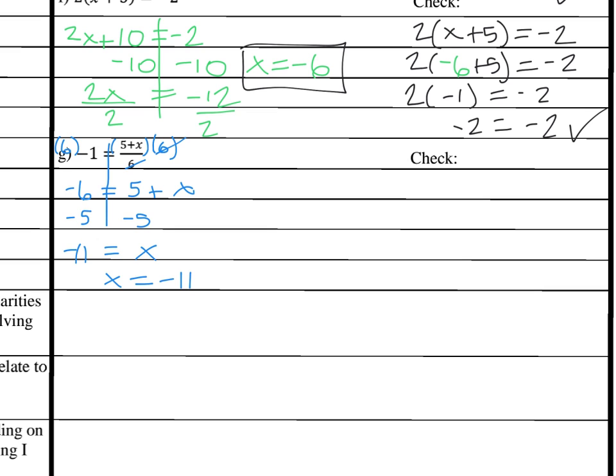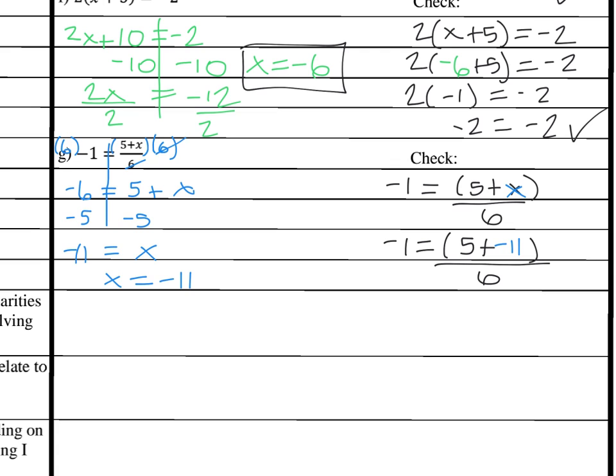We need to check our answer. So we have negative 1 equals 5 plus x divided by 6, but instead of x, we are going to substitute what we got in for x, which was negative 11. So negative 1 equals 5 plus negative 11 divided by 6.